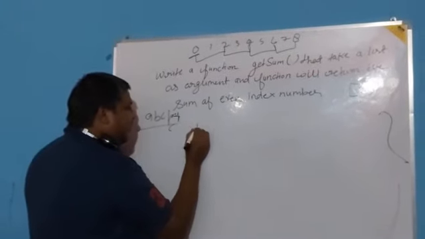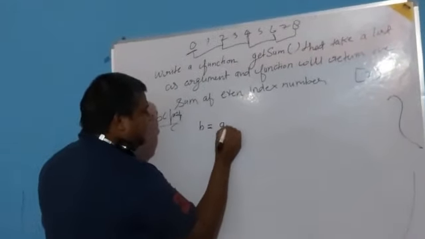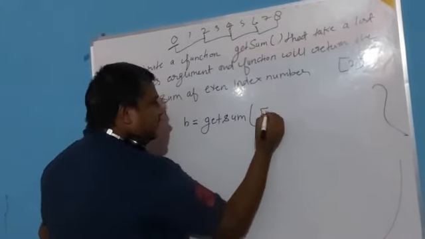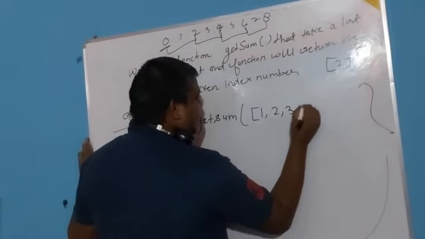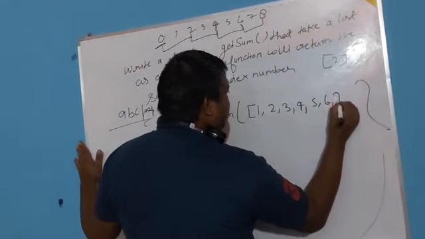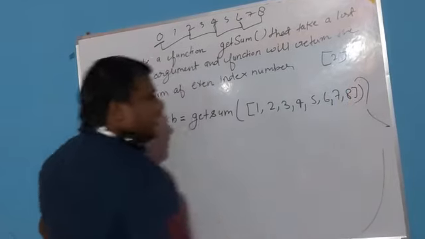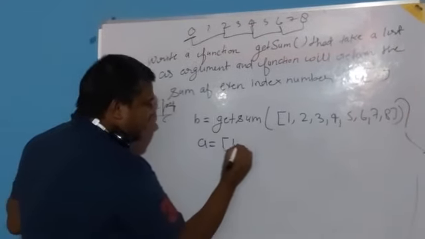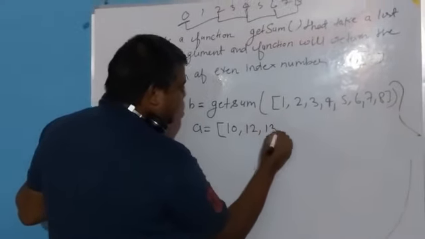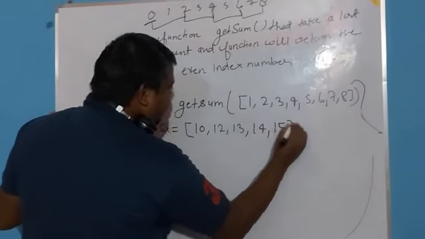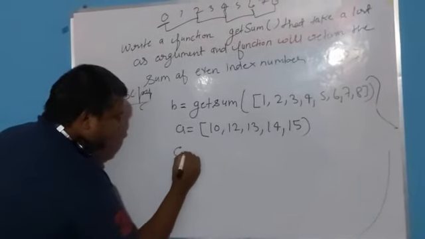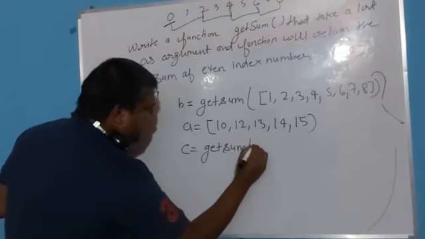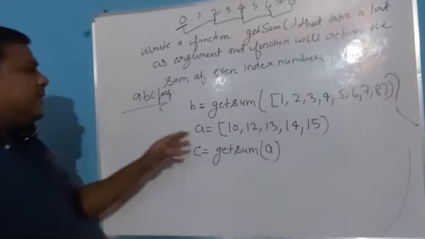Here we will have b is equal to get sum, and you can directly pass different values, 1, 2, 3, 4, 5, 6, 7, 8, or you may create one variable a as a list and declare 10, 12, 13, 14, 15, and write c is equal to get sum, passing a. So you have both ways.